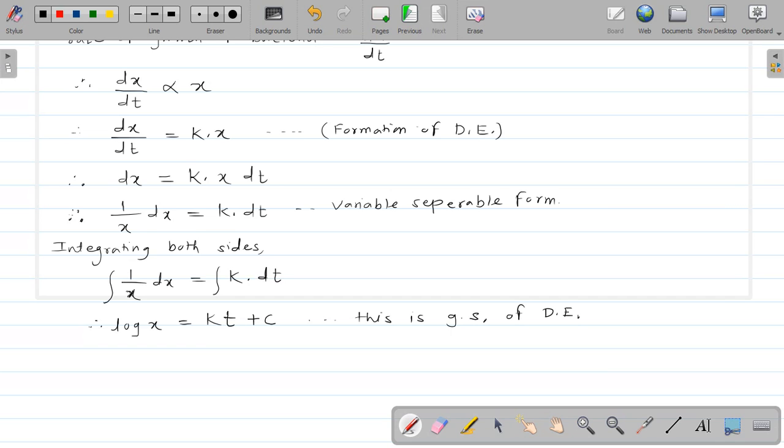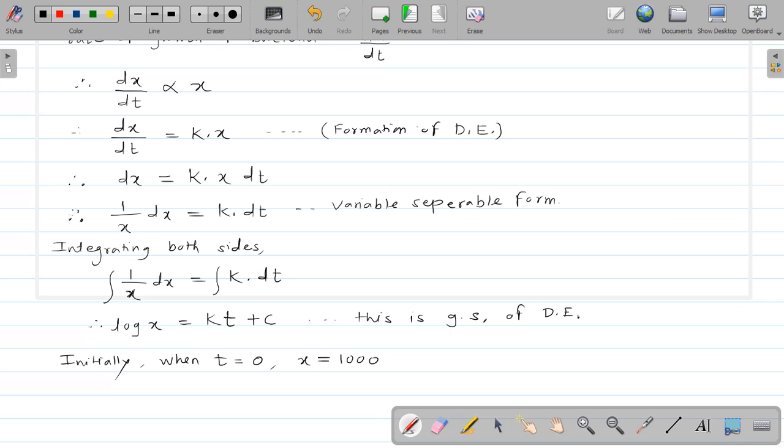Now what is the next step? We have to use the initial condition here. Always remember, initially, that is when t is equal to 0, what is the value of x, meaning the number of bacteria? In this question it is given that initially there were 1000 bacteria, so when t is equal to 0, x is equal to 1000.